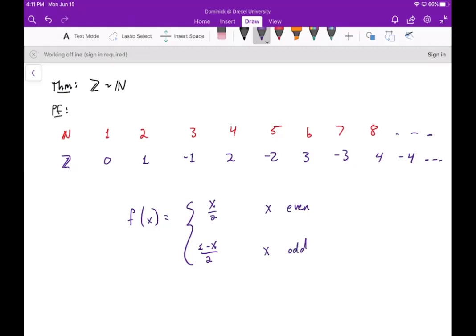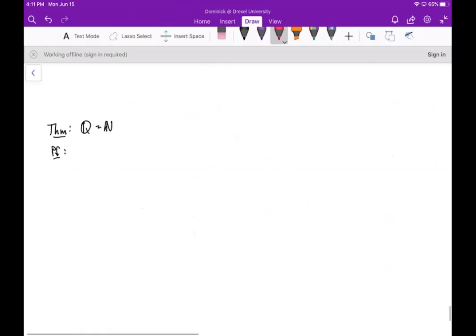One piece gives us all the positive integers, and the other gives us all the negative integers and zero. Then you can show the same thing for the rational numbers being equivalent to the natural numbers. We did this already, so you can look at the previous video for this as well.